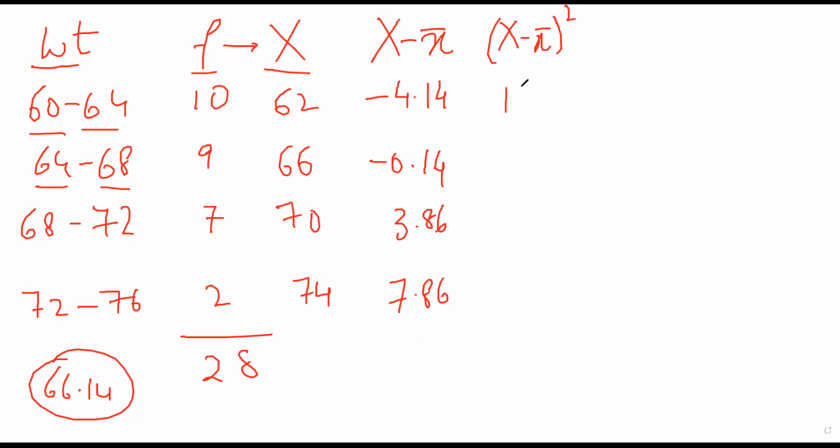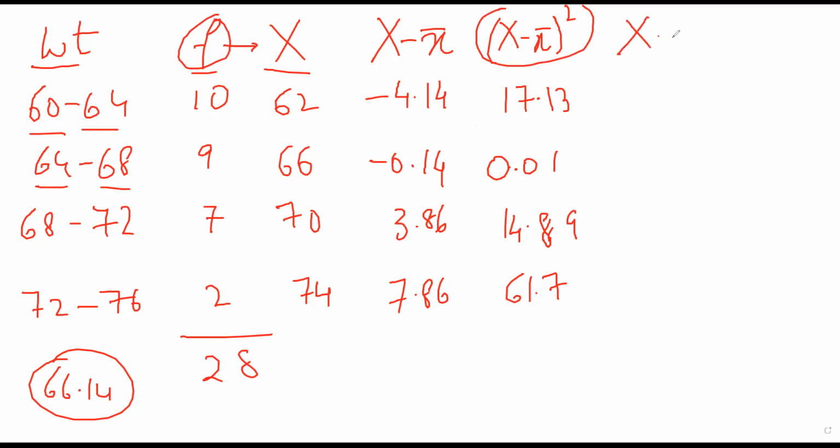You will get 17.13 and 0.0196, which is very close to 0, so I can take this value as 0.01. Then 14.89, and this value will come close to 61.77.